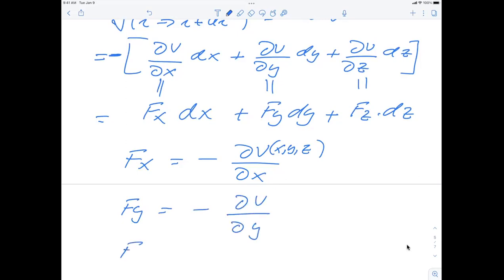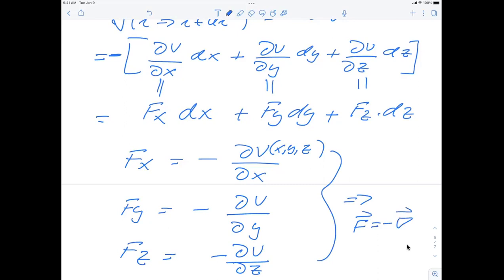And finally, F of z is equal to minus the partial derivative of the potential with respect to z. If I collect all these, I can rewrite that F is equal to minus the gradient of the potential. And that's a very, very important relation, which we will use again and again and again.